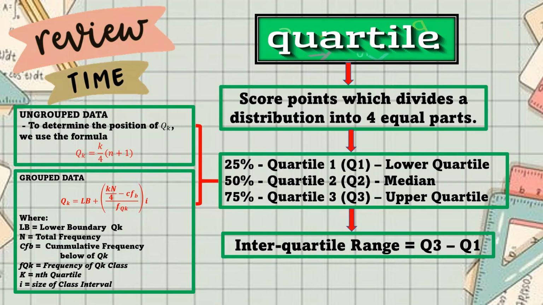And then for grouped data, we use the formula Q sub k is equal to LB plus (kn divided by 4 minus CFB) all over FQk, times i, where LB is equal to the lower boundary of Q sub k, n is the total frequency, CFB is the cumulative frequency below your Q sub k, FQk is equal to the frequency of your Q sub k class, k is the nth quartile, and then i is the size of the class interval.